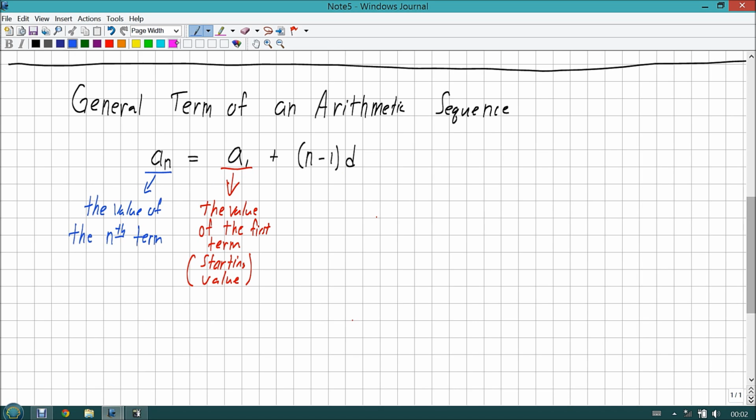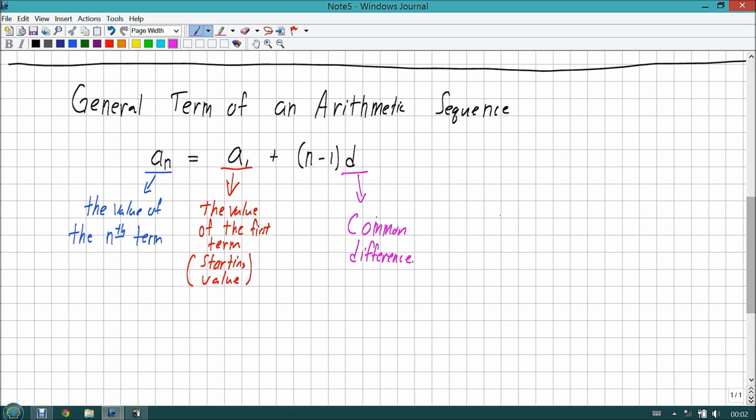This D portion over on the right, this represents the common difference. So if you take the difference between any two terms in a series that is arithmetic, it will always be the same number.